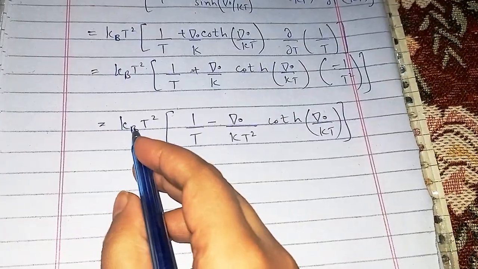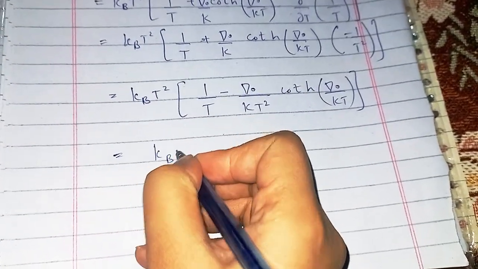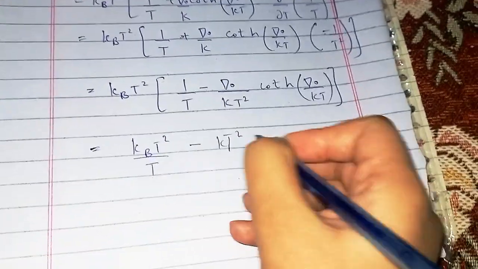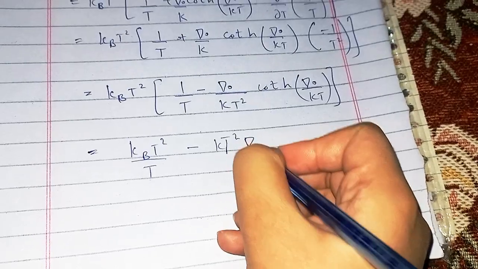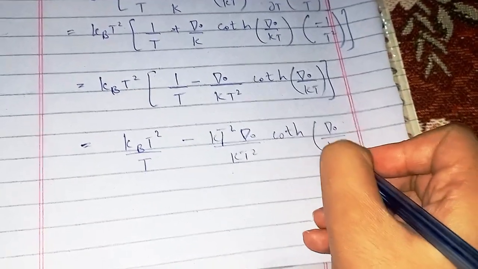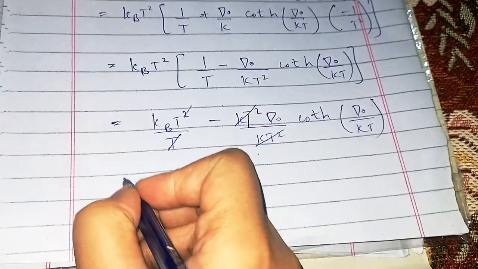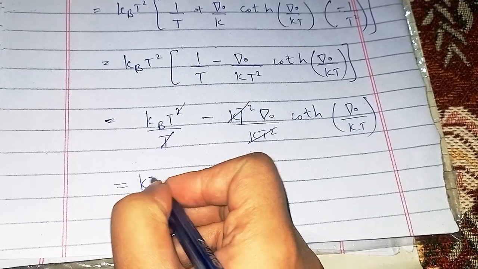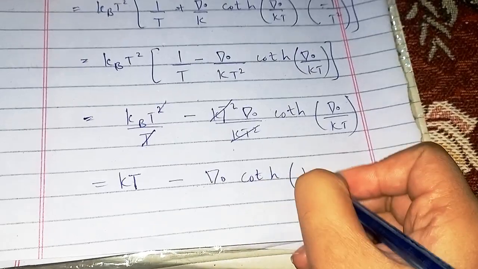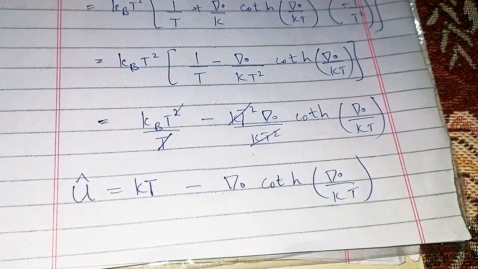Okay, now we can multiply kBt² inside, so we may get a simplified form, kBt²/t minus δ₀/kt² ... it's kB and k is the same. The t² cancels out, this t and one of the t cancels out, and we have kBT minus δ₀ coth of δ₀/kt. This is the average energy so far.